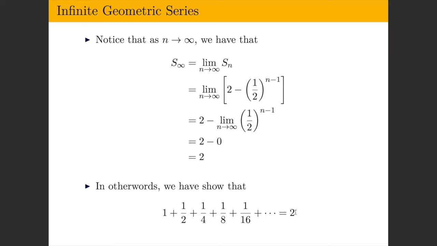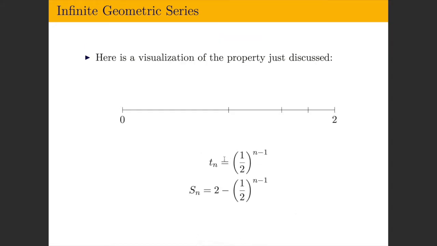So I want to explore this visually now. Again, remember that the nth term in the sequence was a half to the n minus 1, and the nth term in the series was 2 minus a half to the n minus 1.